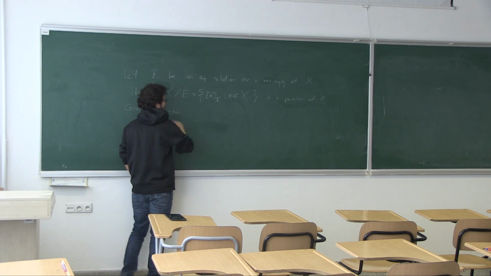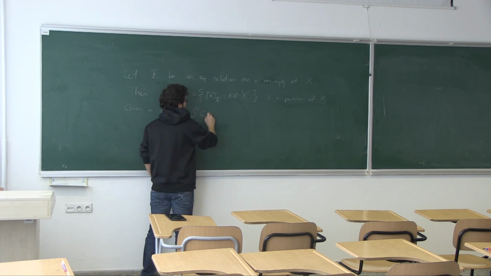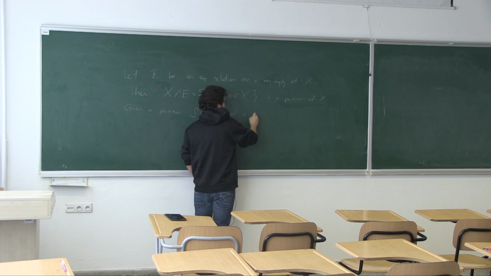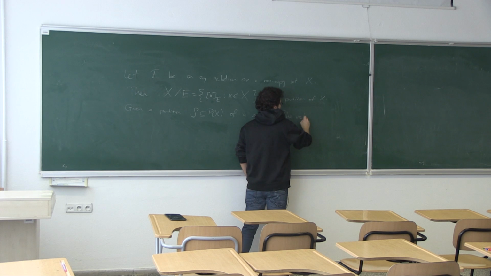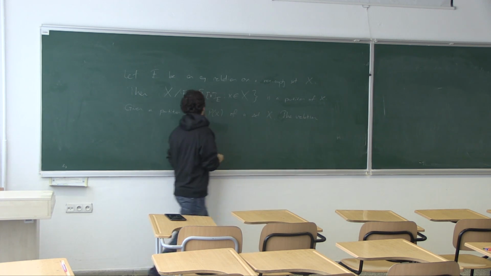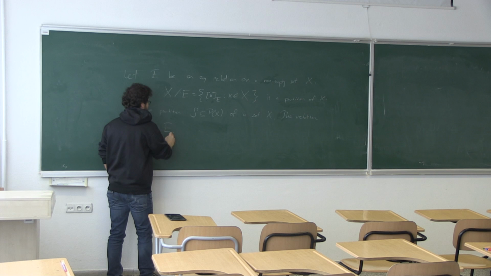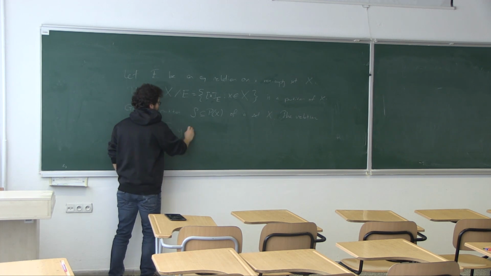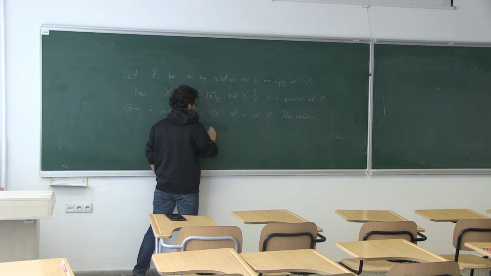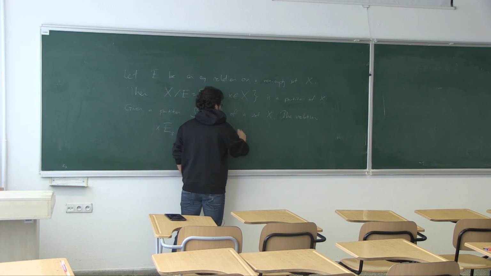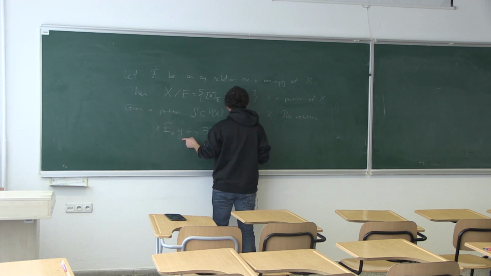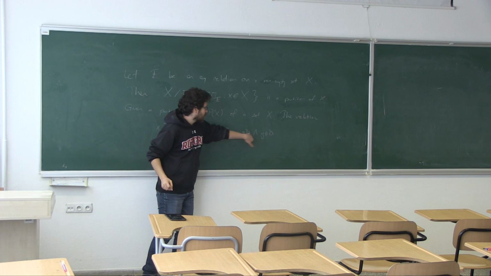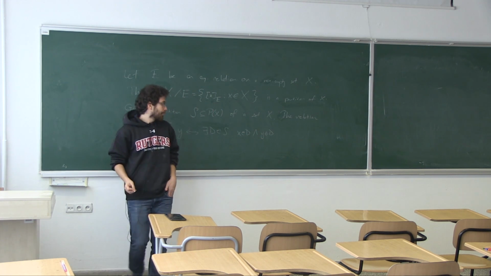given a partition S of a set X, the relation E sub S defined as follows: two elements of X are related if and only if there exists an element of this partition to which both of them belong.